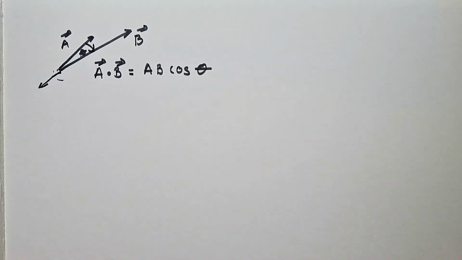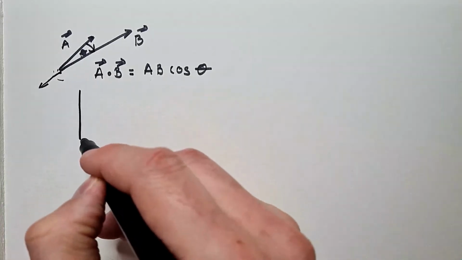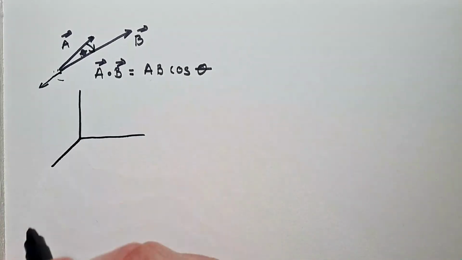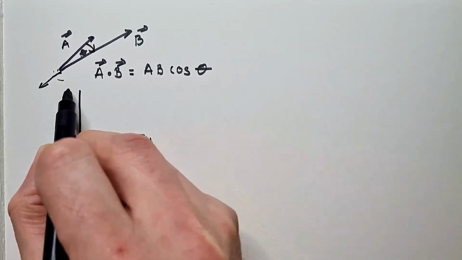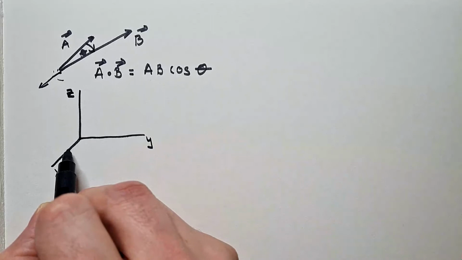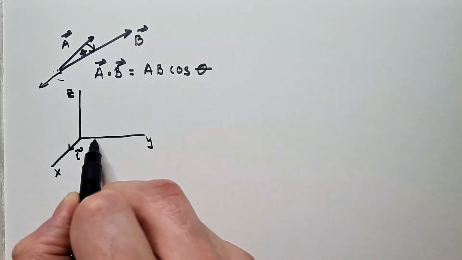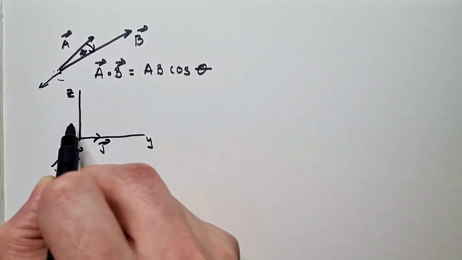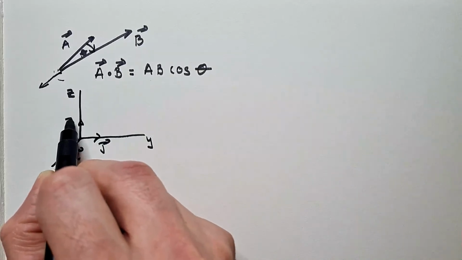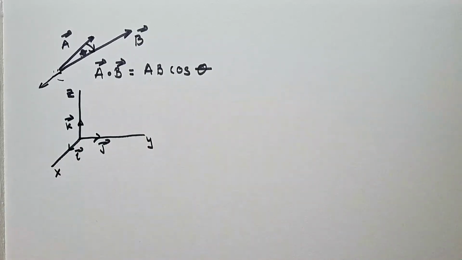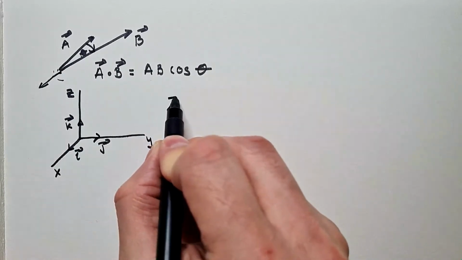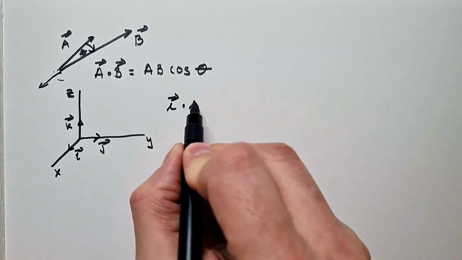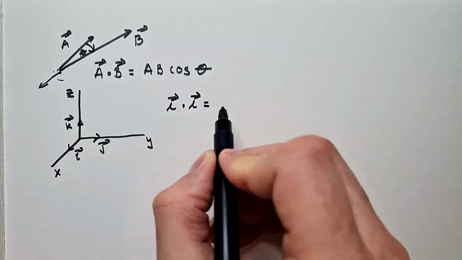Let's see dot product in Cartesian coordinates. Here I have a right-handed Cartesian coordinate system with axes x, y, z. Here are unit vectors i, j, k that I talked about extensively in my previous videos. We see immediately that i dot i is 1.